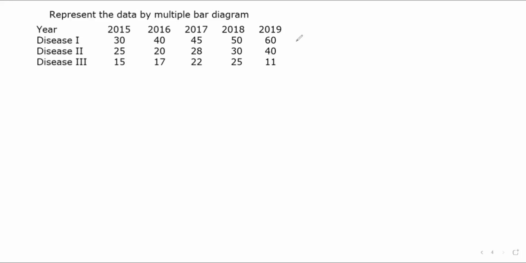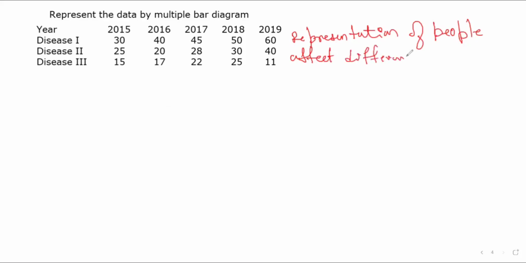So now first I will give the title. Representation of people affected by different diseases from 2015 to 2019 by using which one?